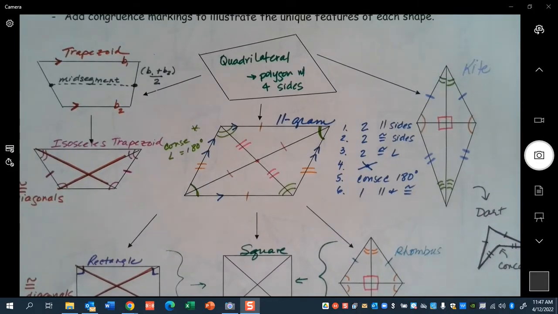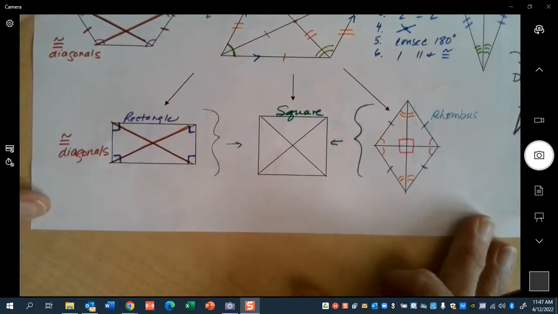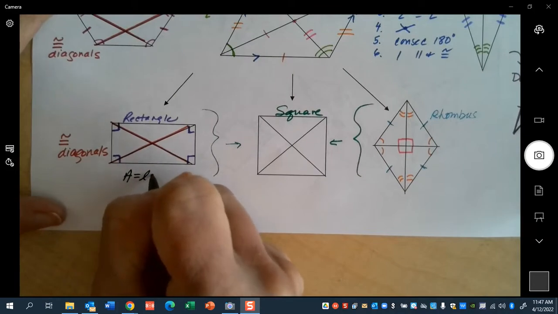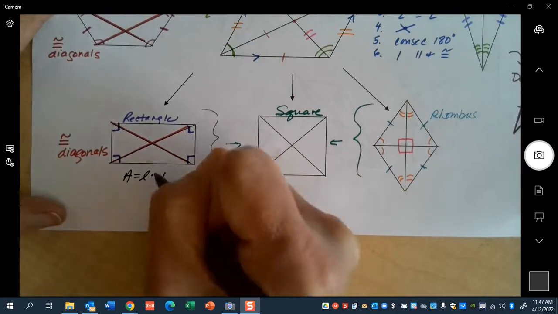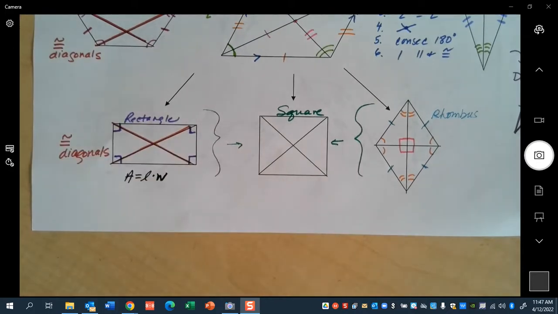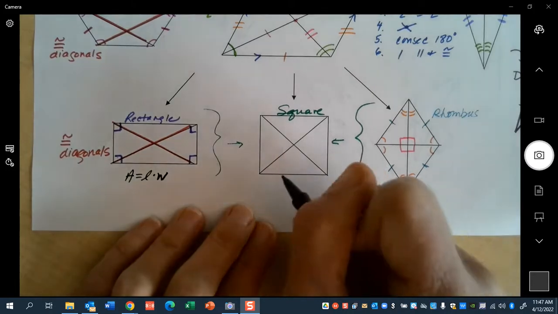But I want you to see that if you understand the one basic formula for area is equal to length times width, that can be applied to every single one of these shapes. So we're going to talk about each of these now in terms of area, and I want you to take the time to write down the area formulas on each shape, please.